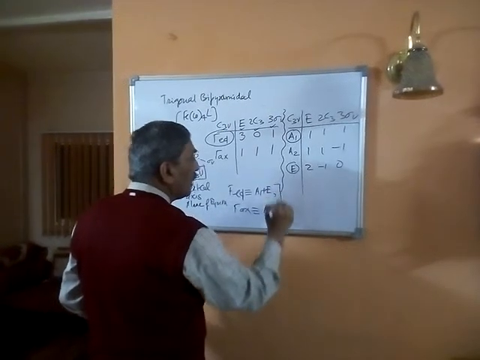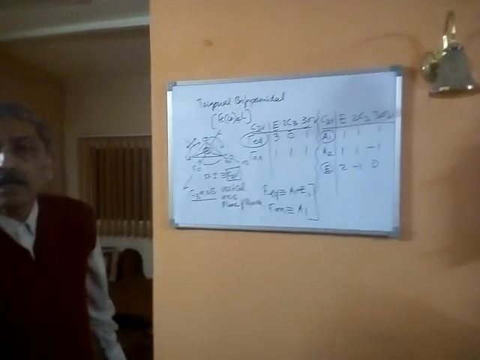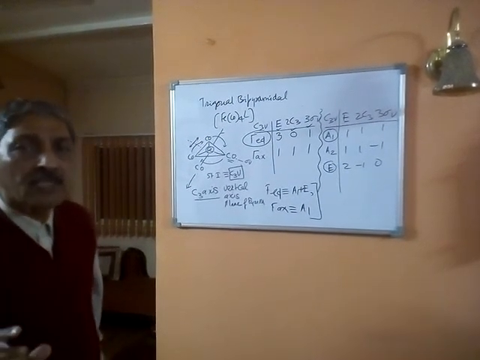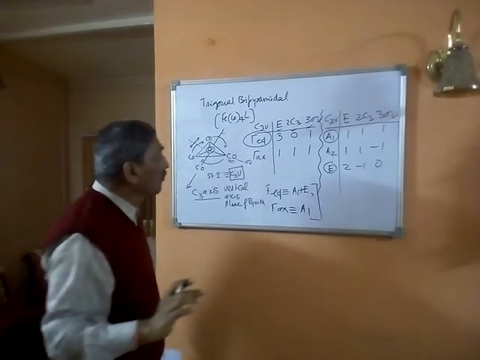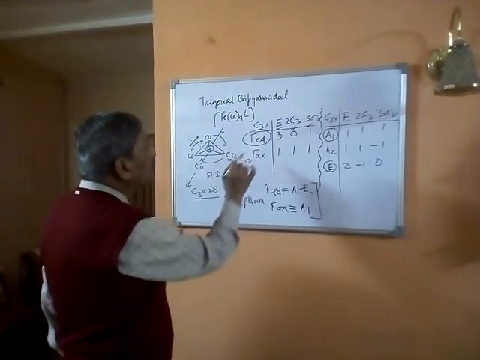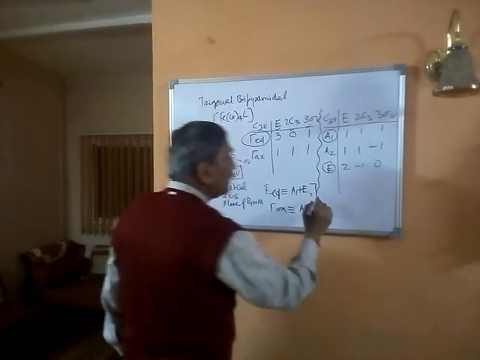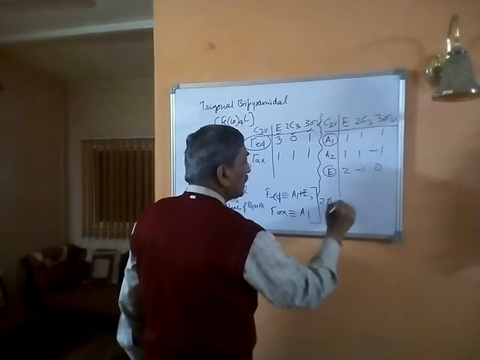So the irreducible representations which are found for tau equatorial and tau axial are basically 2A1 plus E.